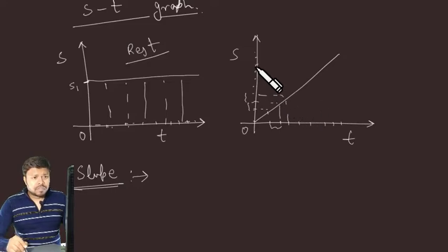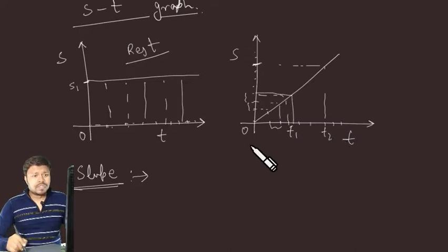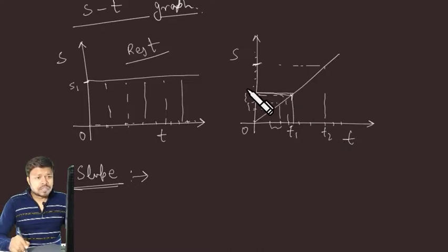Let's say this is my T1 and this is my T2. The corresponding displacement for T1 is S1 and the corresponding displacement for T2 is S2.